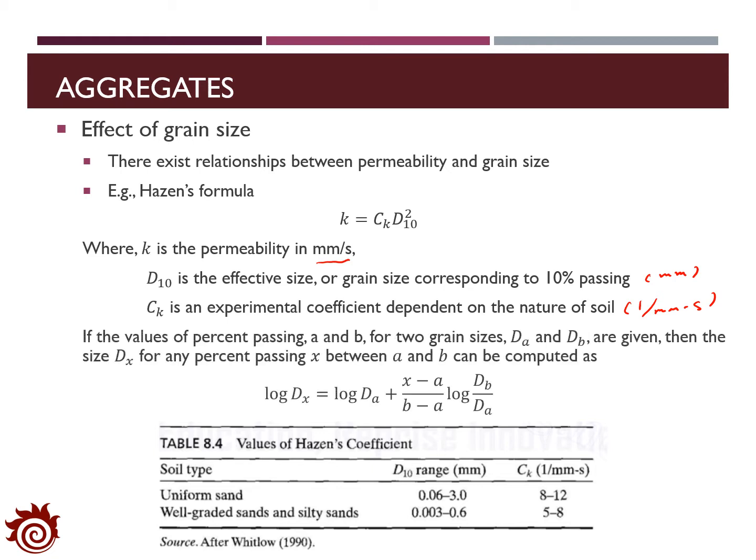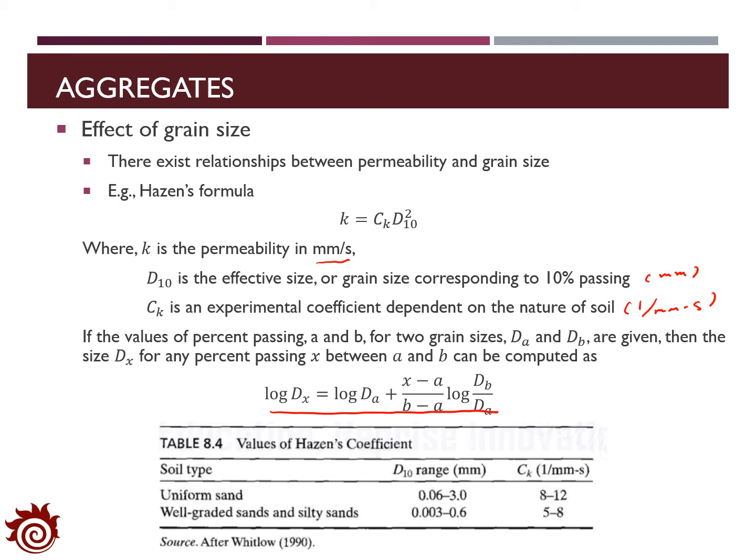If the values of percent passing A and B for two grain sizes, dA and dB, are given, then the size dx for any percent passing x between A and B can be computed with a linear equation: log dx equals log dA plus (x minus A) over (B minus A) times log (dB over dA).